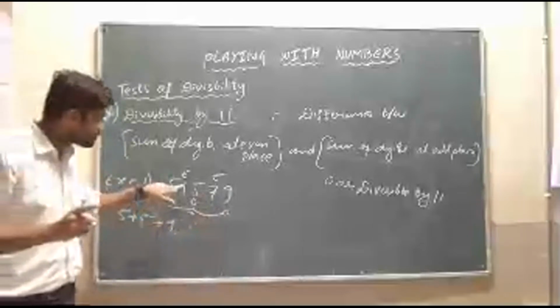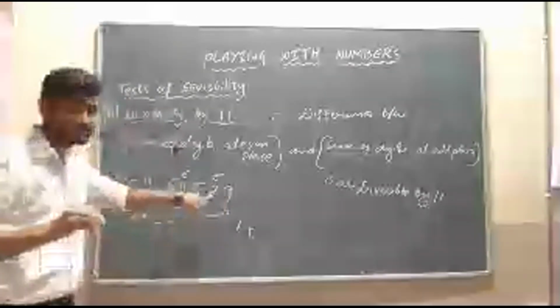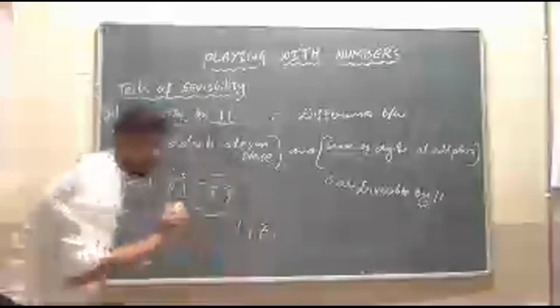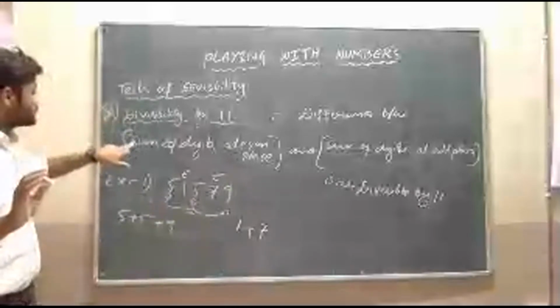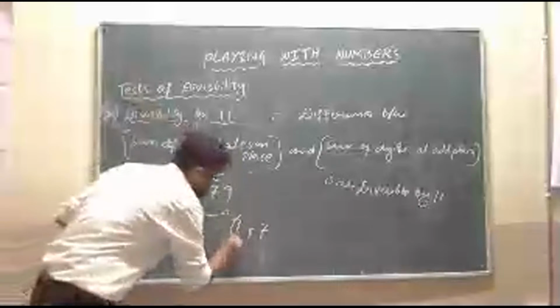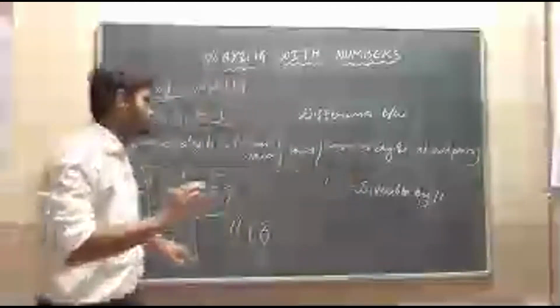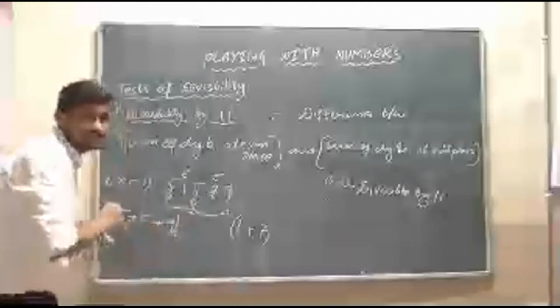Then what are the even numbers? That is 1 plus 7. Okay. See, sum of digits at even place, and the sum of digits at odd place here.